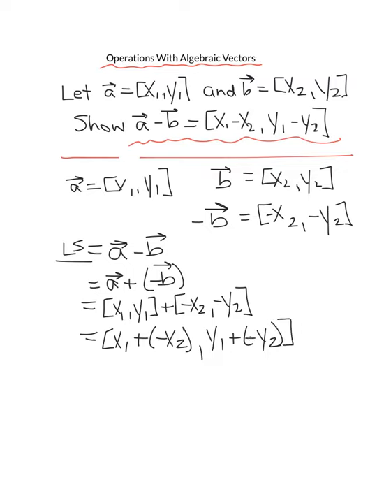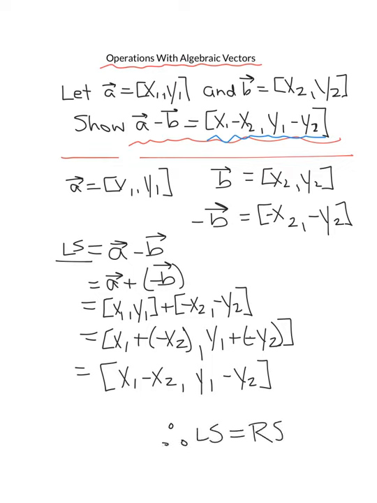Again, I'm trying to prove that it equals what's on the right hand side, so I'm going to simplify this a little bit more. x1 take away x2, y1 take away y2, and what I have proved is that therefore my left side is equal to my right side. This is exactly equal to this.